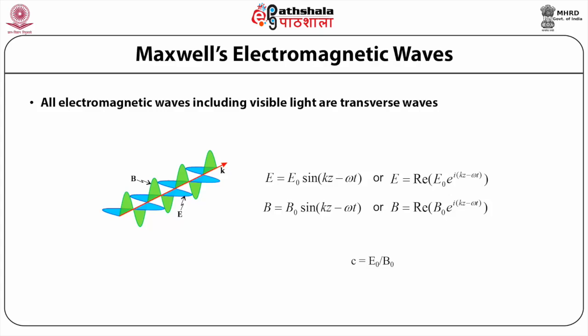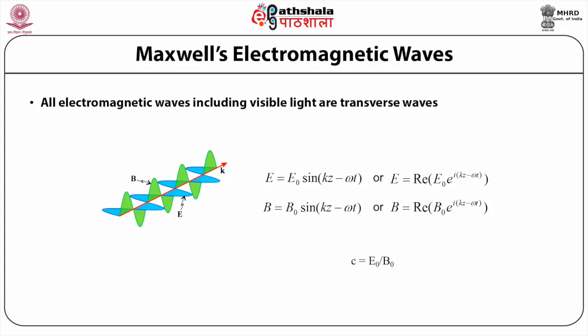If the electromagnetic waves are propagating in a direction defined by a vector k, then the light is composed of electric and magnetic field vectors, and these vectors oscillate in a plane perpendicular to the direction of propagation.